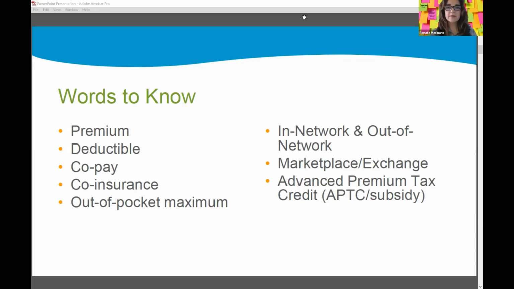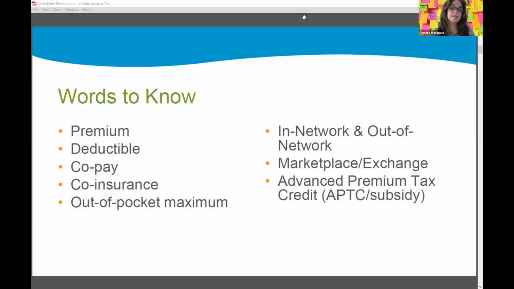The out-of-pocket maximum is essentially adding up your deductible, your copays and your co-insurance. So the Affordable Care Act basically said we don't want people to go bankrupt in case there's something serious that happens to them medically. So we're going to put an out-of-pocket maximum on all regulated insurance plans.